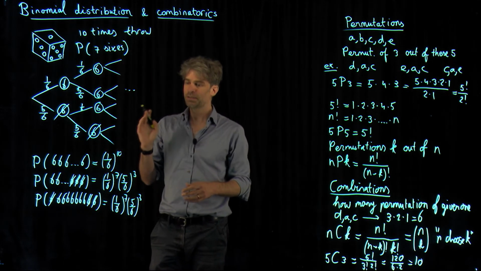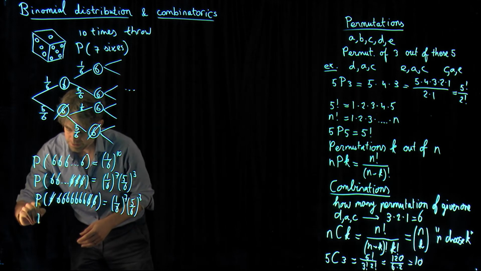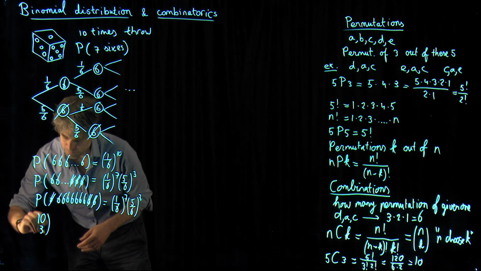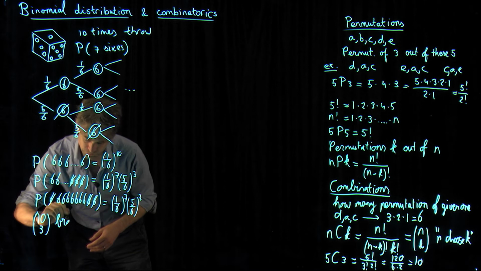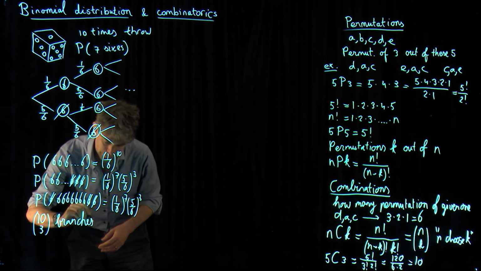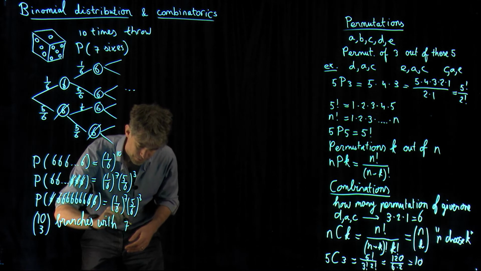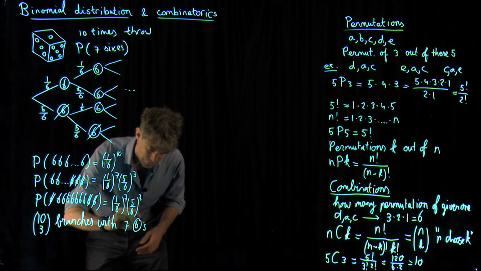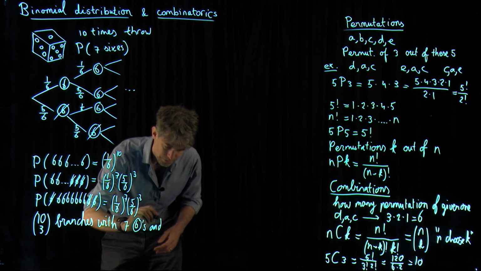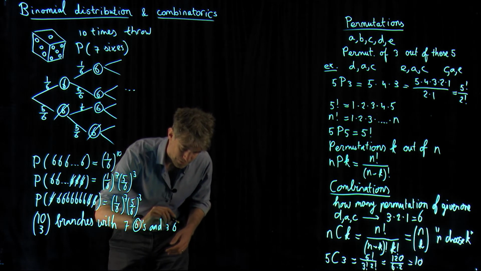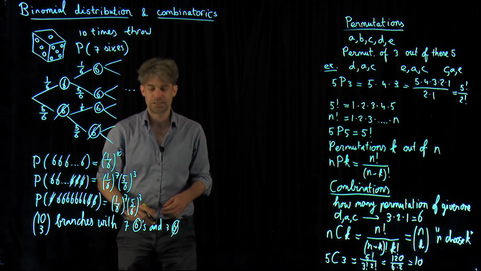So there are 10 choose 3 branches with 7 sixes and 3 non-sixes.